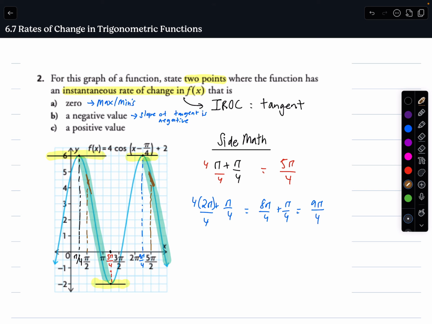So for the negative value, we have pi over 2 and 5 pi over 2. Now, let's look at the next one. A positive value is just the opposite. So this is where the slope of the tangent is positive.